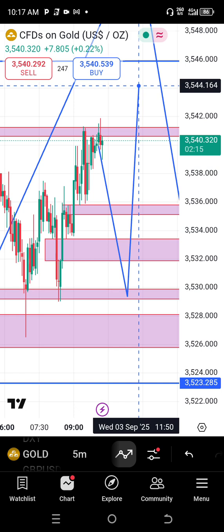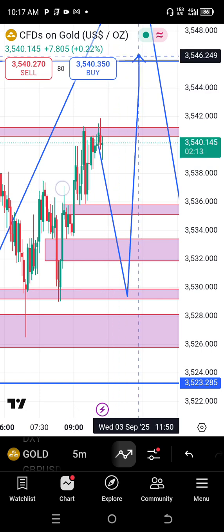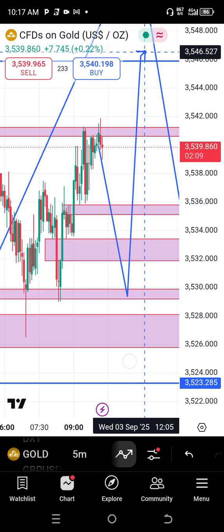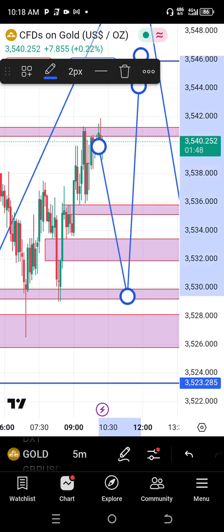If you enter into this, that is going to give you up to a whole lot of pips, over 100 pips already, 3,530 to 3,590 to 3,540. That's over 100 pips from this market.